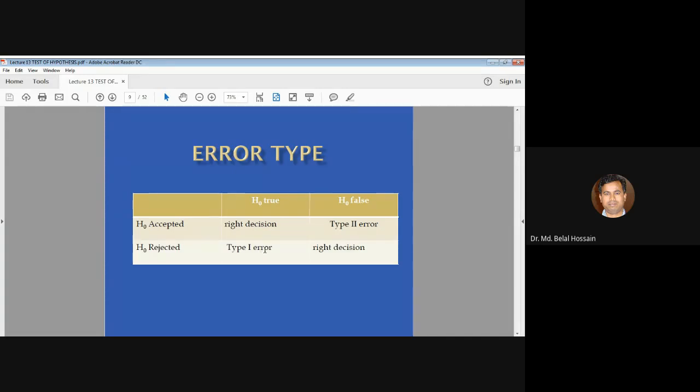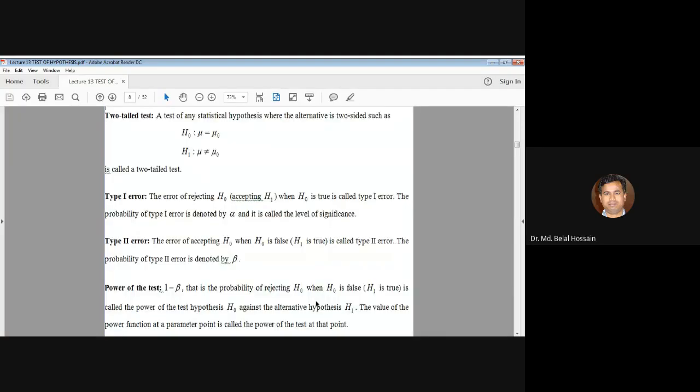So we fix this type 1 error. The probability of this type 1 error is actually alpha. This alpha is called the level of significance, okay? And the probability of this type 1 error is that alpha.